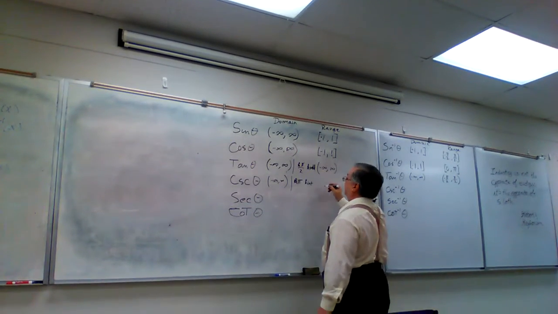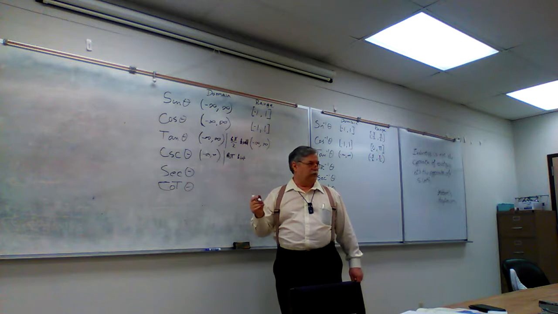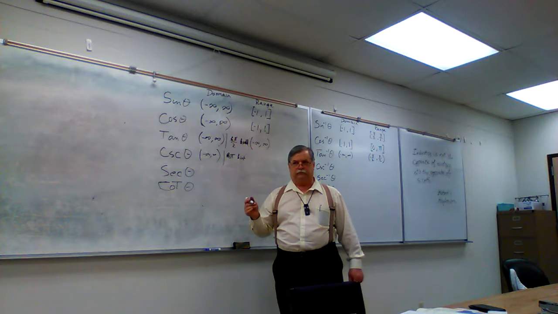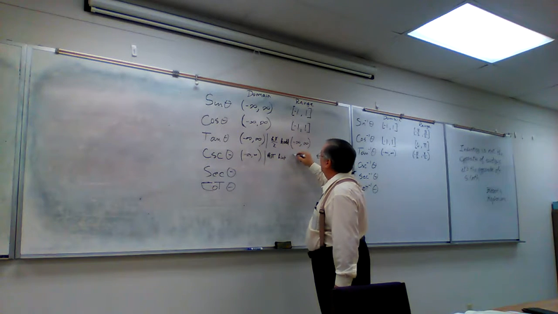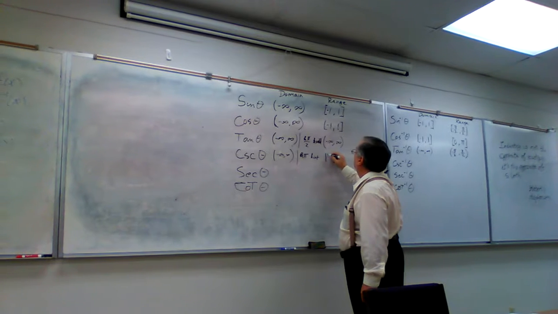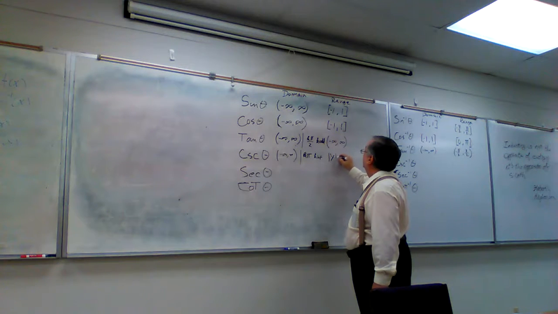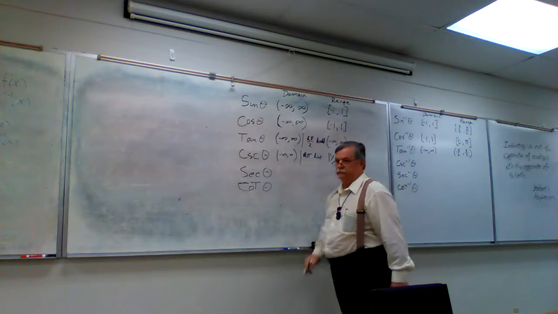And what is the range of the cosecant function? This is one of those weird ones. Yeah, the easiest way to write it is the absolute value of y is greater than or equal to 1.